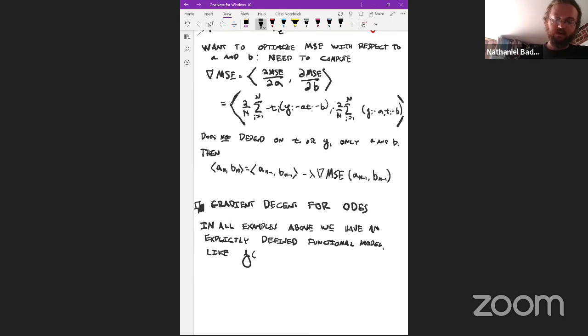Like f of x equals x squared, something like that, right? Some explicitly defined thing. For most ODEs, we don't.